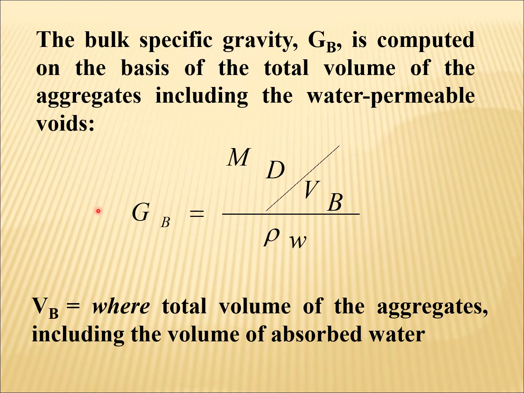G sub B is equal to M sub D over V sub B, over rho W. And here keep in mind that V sub B is the total volume of the aggregates including the volume of absorbed water. And I have already mentioned that the volume of absorbed water means the volume of the water permeable voids.